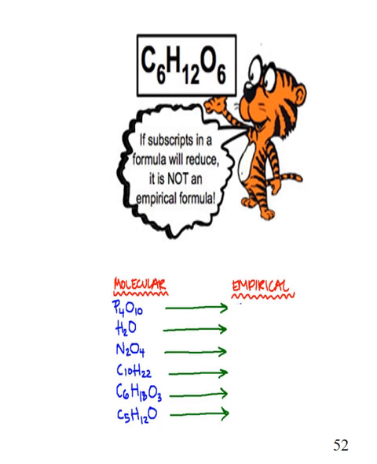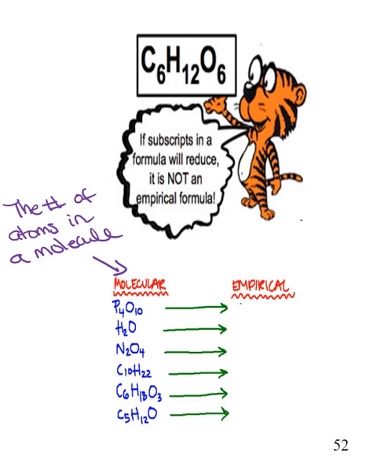And lastly, let's review molecular and empirical. Molecular, if you have the molecular formula, what does that tell you? It tells you the number of atoms in a molecule. What does the empirical formula tell you?